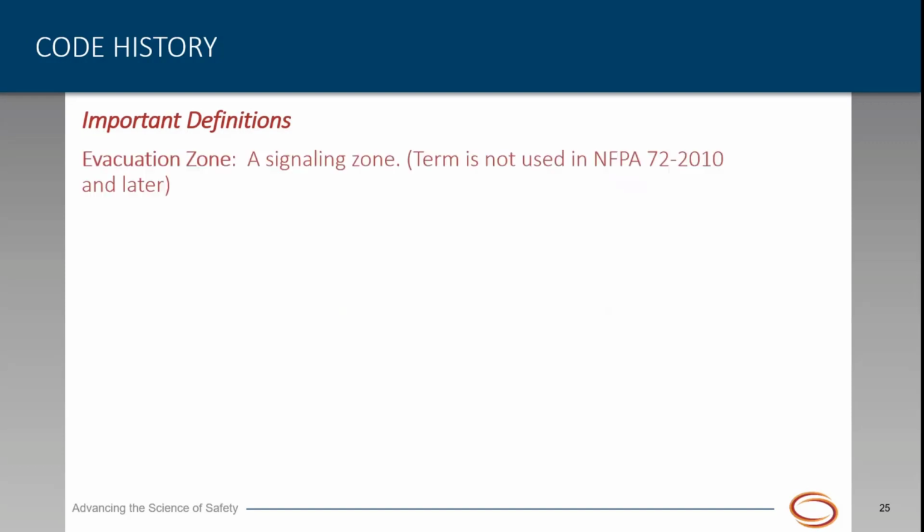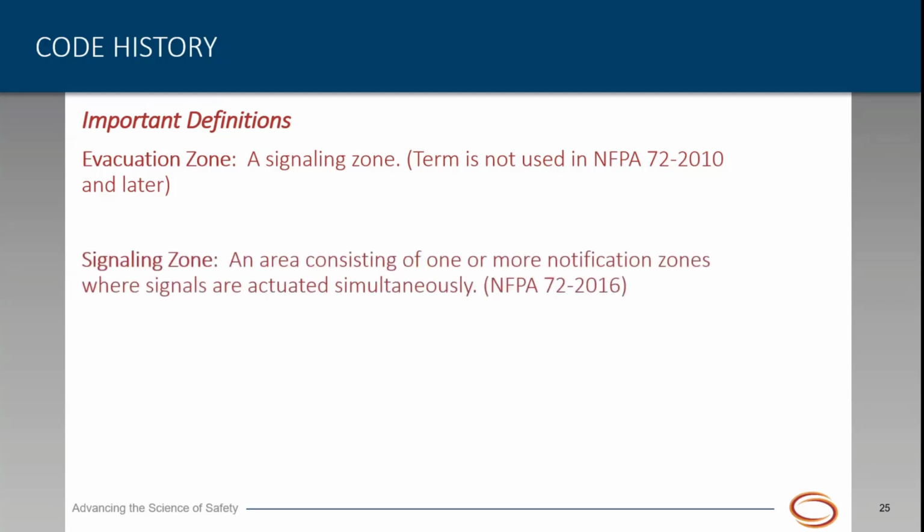Now, evacuation zone. Evacuation zone was used in the early editions of 72, but is not used in the 2010 edition or later. The term evacuation signaling zone or just signaling zone is now used. And this is the definition of a signaling zone. It's an area consisting of one or more notification zones where signals are actuated simultaneously.